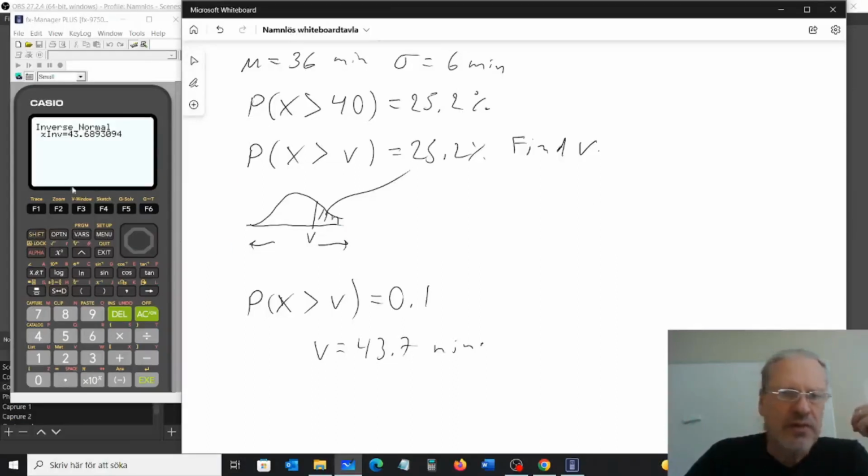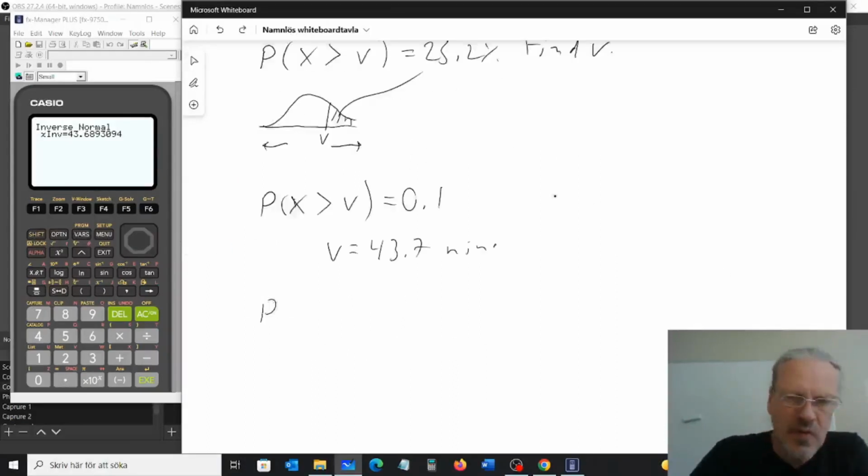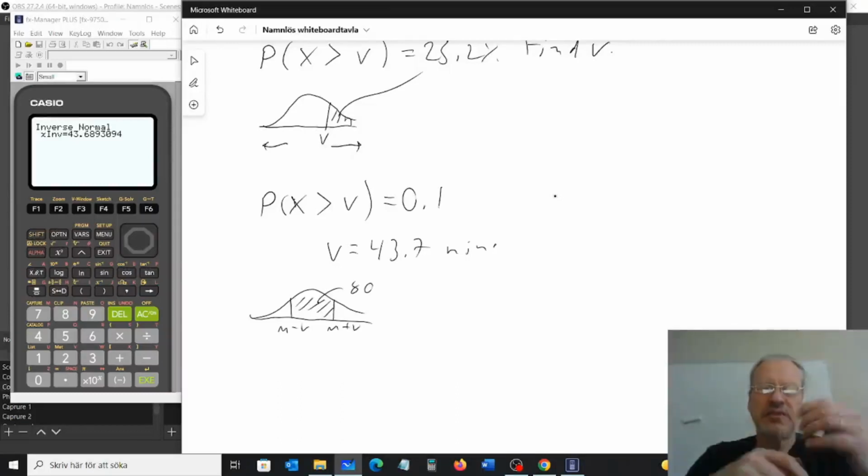So what about this center thing? We can ask a question that in between two values, the average minus some value v and the average plus some value v, this inside here should be 80%. So 80% should fit between mu minus v and mu plus v.